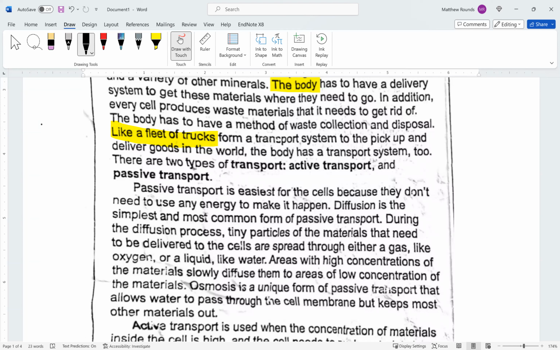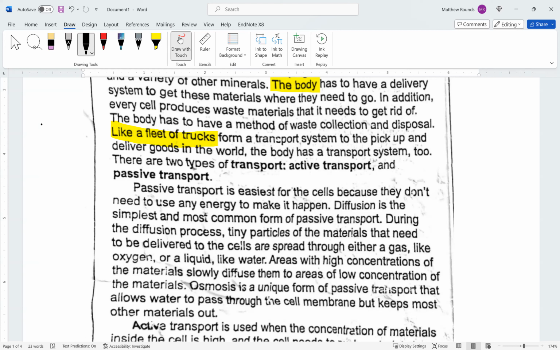Yeah. Okay. What did I highlight? The body like a fleet of trucks. Okay, so which is the example? To deliver goods around the world in a pickup truck.